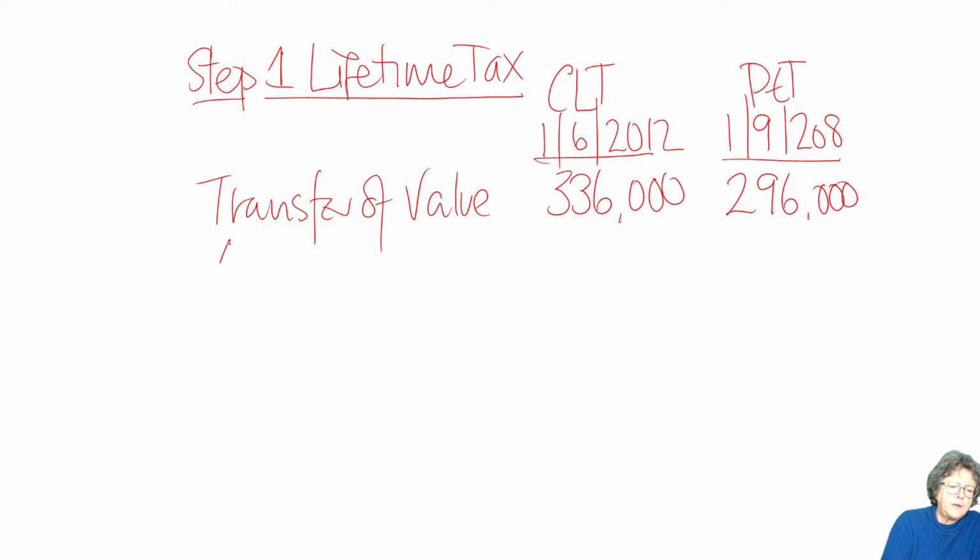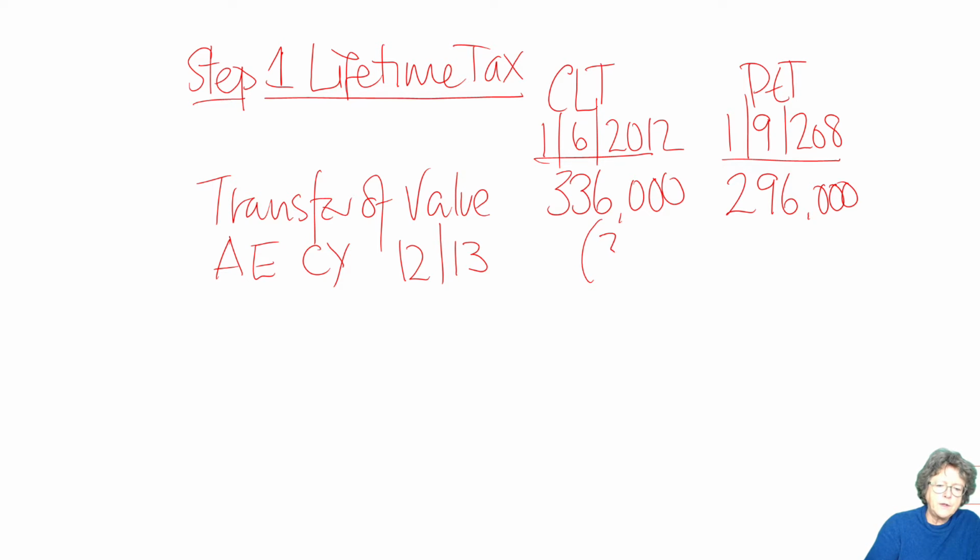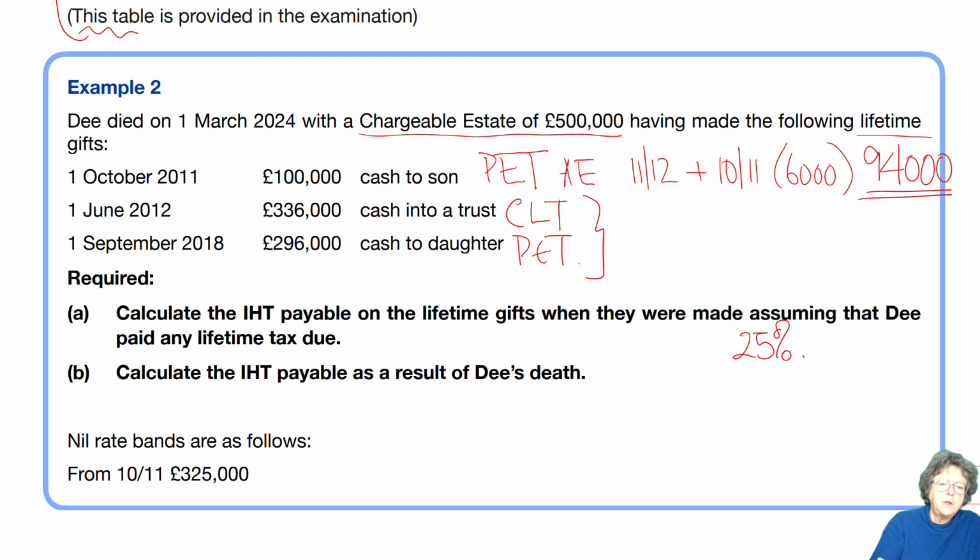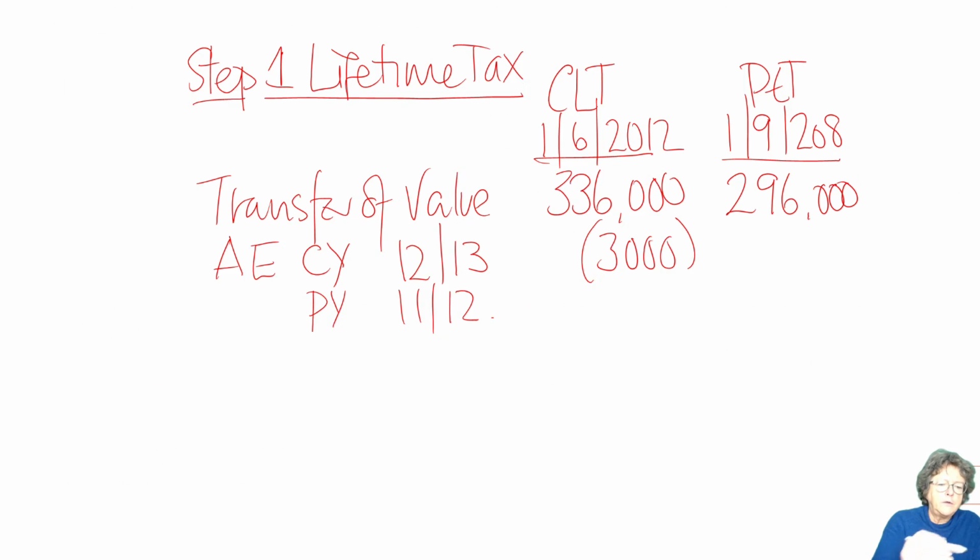So let's deal with annual exemptions first. Current year. 1st of June 2012 is in 12/13. So we have 3,000 there. And the previous year is 11/12. I'm going to go back to the question because 11/12 has been utilised in full. So don't ignore it, just write it like that.